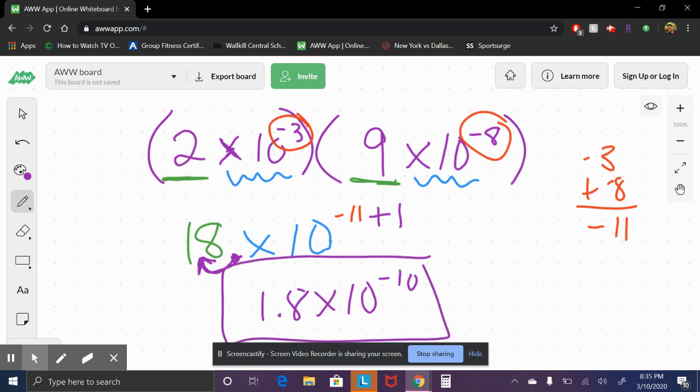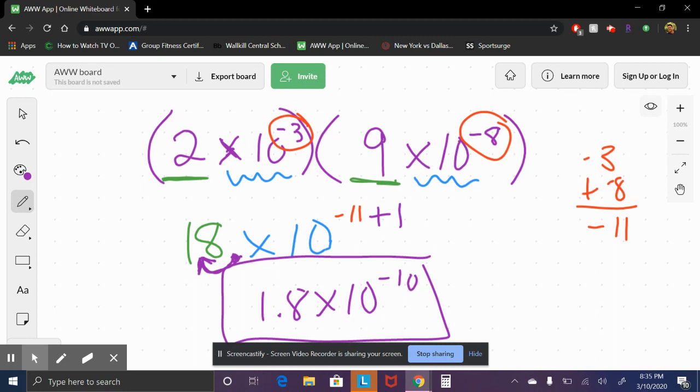In the last one, we had to move the decimal to make the number bigger and the exponent smaller, and in this one we had to move the decimal to make the number smaller and the exponent bigger.